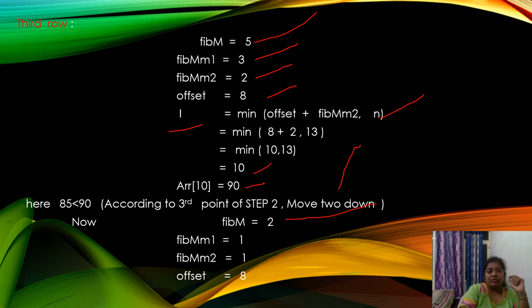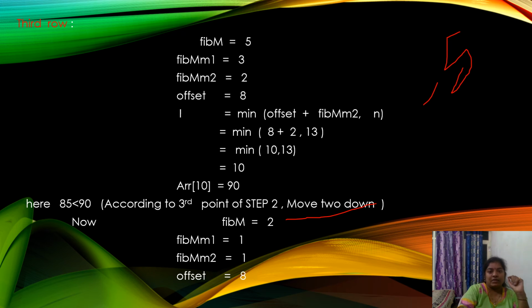Move down means, what is the Fibonacci number now? 5. One down means 3. I already told you down means go to the left side. Two down means the value is 2. This is one down, this is one down, and next this is two down. So the Fibonacci number becomes 2.